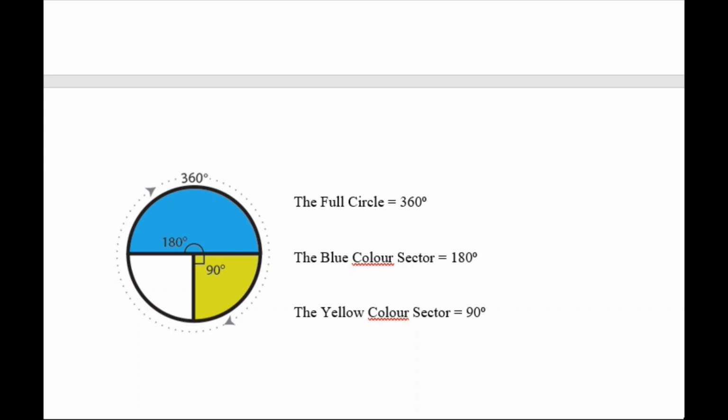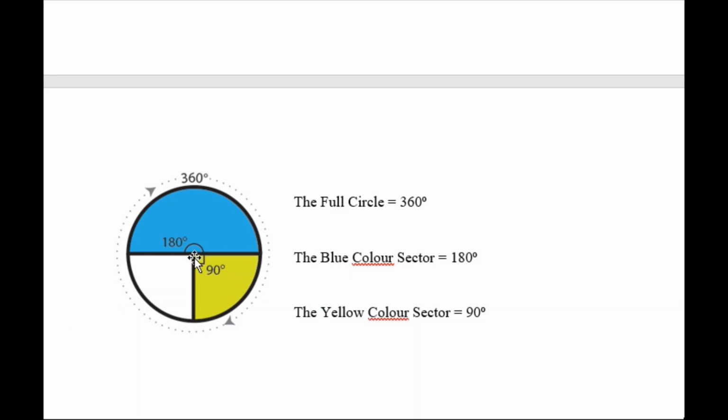So as we can see at a glance, we can say that it is half a circle. So a half circle is also a sector of a circle. So you see two radii, which is this and this, and a part of a circumference, right? So this is 180 degrees. And when it comes to a 90-degree angle, that is a quarter of a circle.